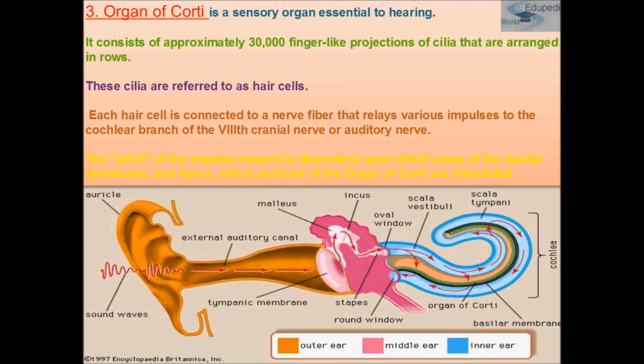So the pitch of the impulse is dependent upon which area of the basilar membrane, and hence which portion of the organ of Corti is stimulated. See, this is the basilar membrane, the dark green color one. So the organ of Corti is a sensory organ which is essential to hearing.